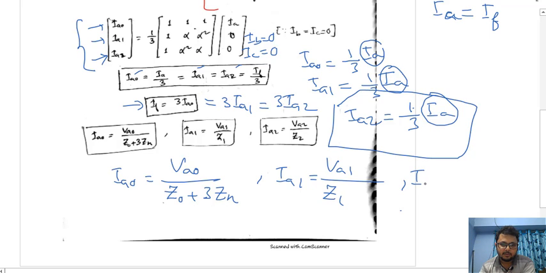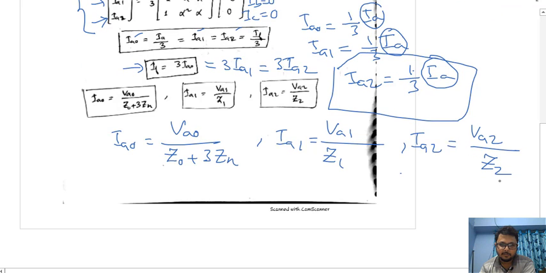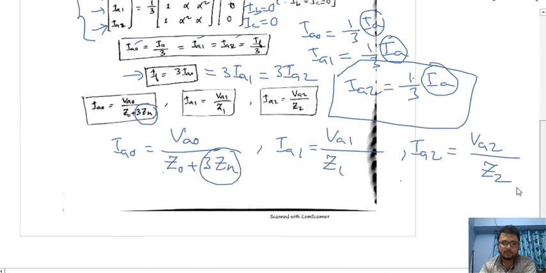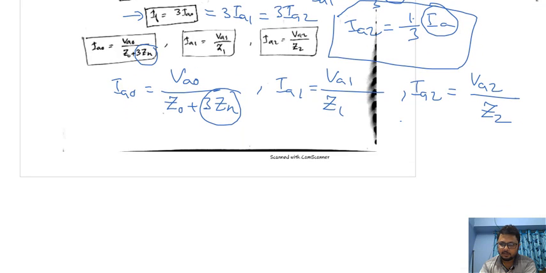And what is IA2? IA2, the negative sequence current, is negative sequence voltage divided by Z2, the negative sequence impedance. Only in zero sequence we have this Zn, because neutral exists in case of zero sequence only, not in positive and negative. I hope this is clear to all. Next, let me proceed to the next slide.